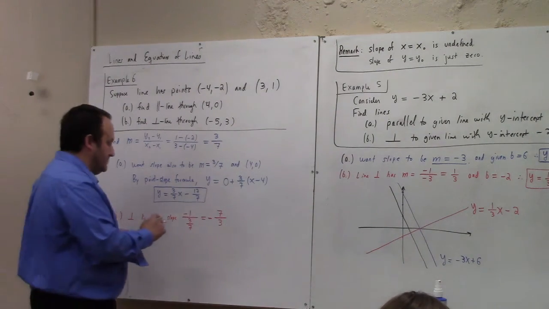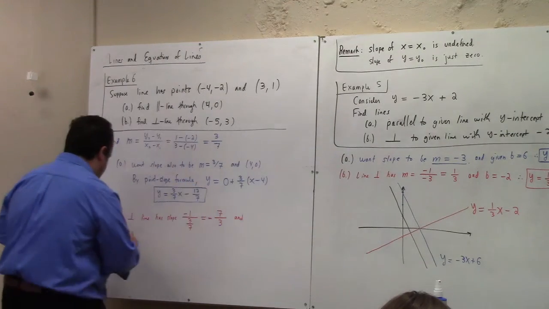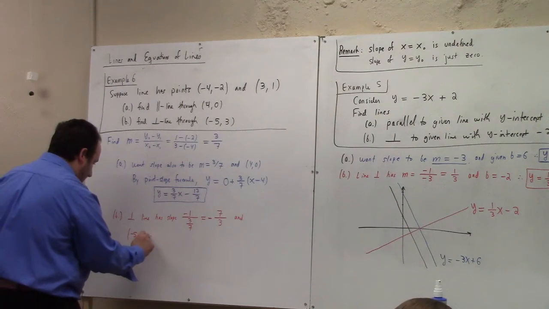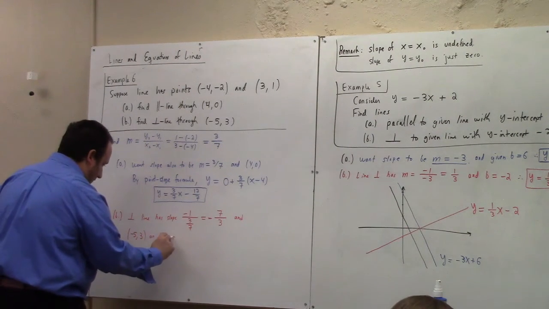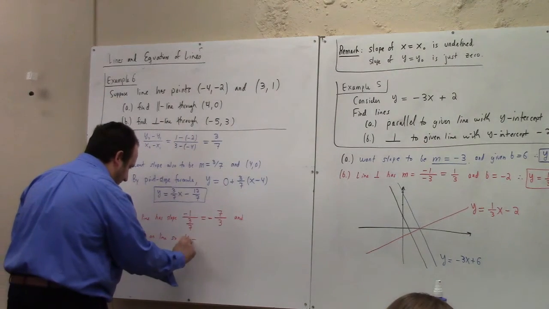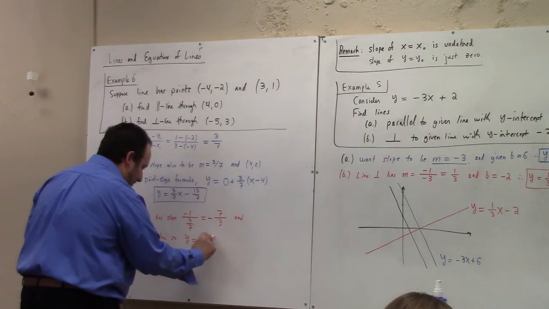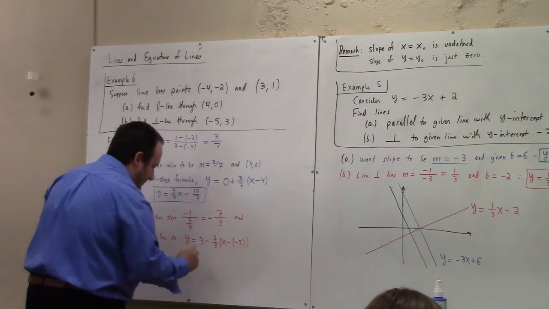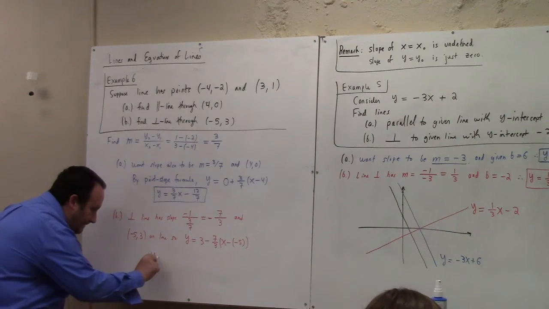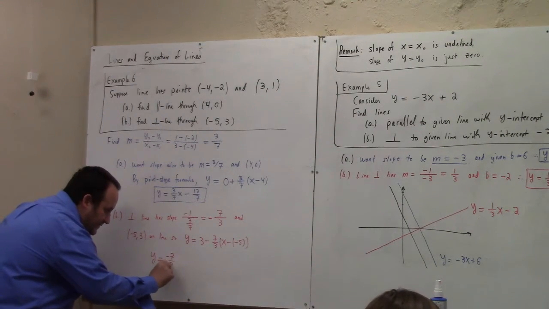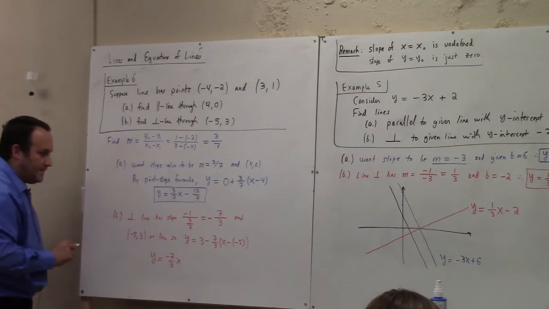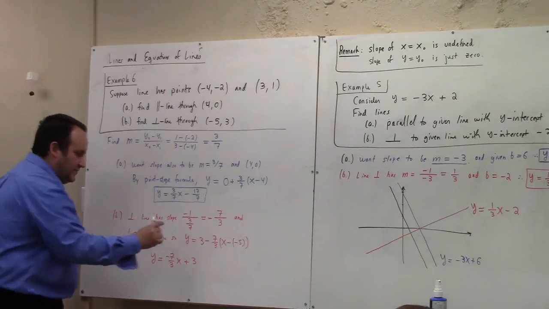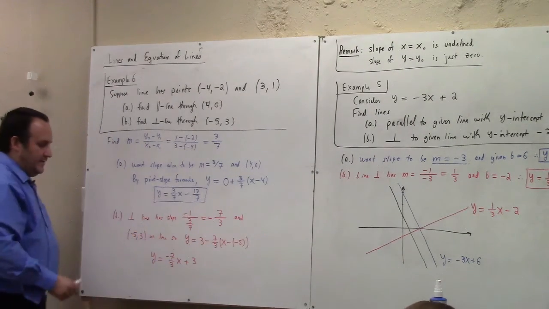And we also have the point (minus 5, 3) on the line. So by point-slope, we get y equals 3 minus 7/3 times x minus minus 5, right? So y equals minus 7/3 x plus 3. How many minuses? 1, 2, 3 in that product, right?